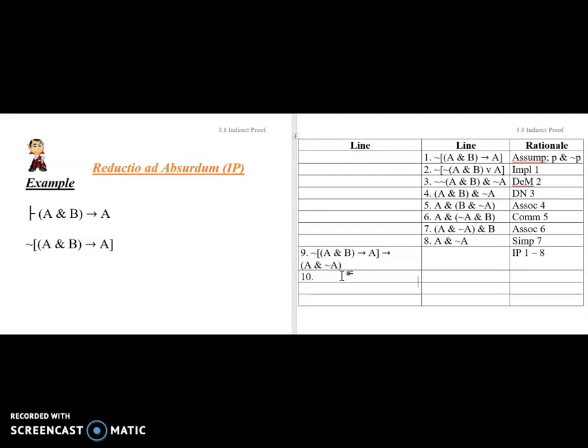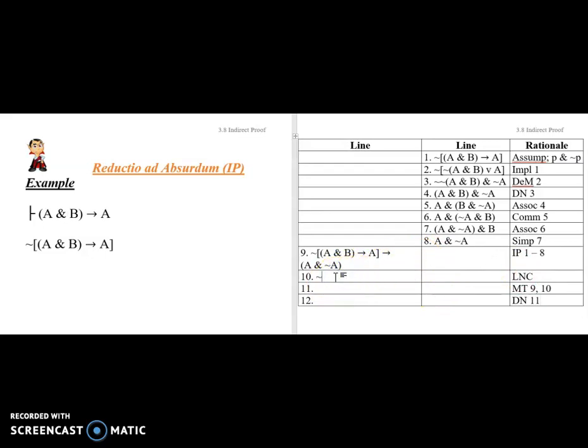All right, so we're going to do 11, and we're going to do 12, and we're going to have LNC. This is going to be modus tollens on 9 and 10, and this is going to be double negation on 11, and that should just about do it.